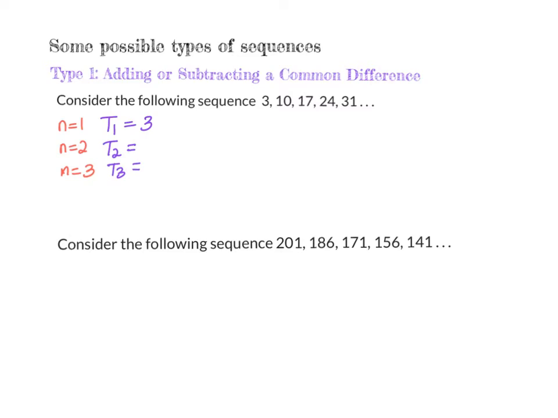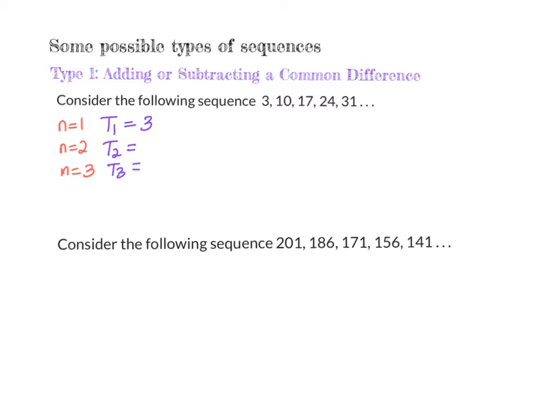Now, let's consider the following type. Type number 1, where we add or subtract a common difference. What does this mean? Consider the following sequence. Let's say we have the numbers 3, 10, 17, 24, and 31.